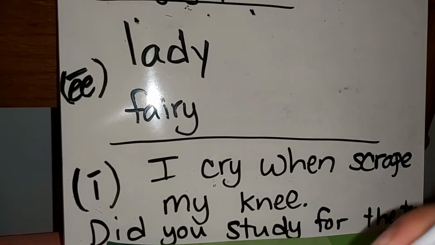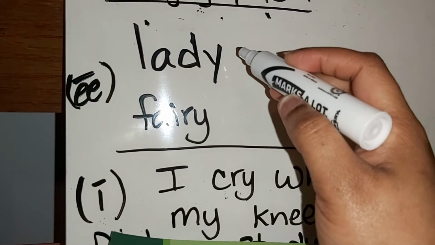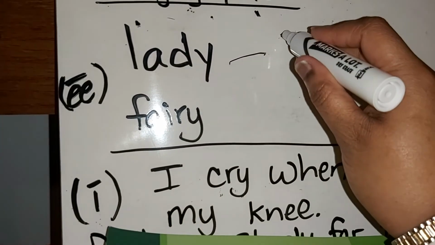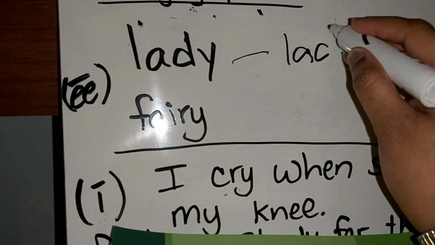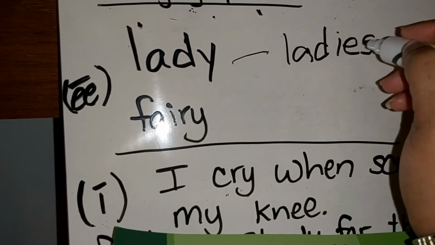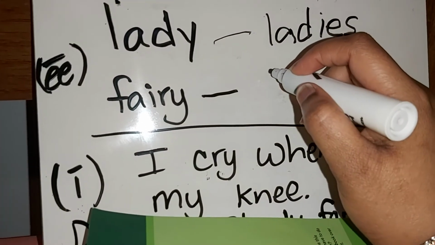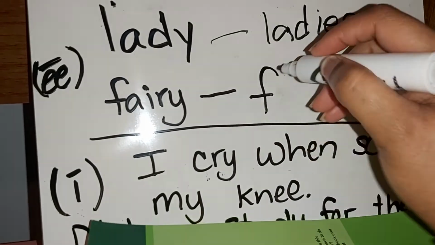All right, so lady, there's a D in front of this Y. So this in plural form becomes ladies, spelled L-A-D-I-E-S. Right here we have the word fairy. So fairies, because there's that R in front of that Y, it becomes fairies.